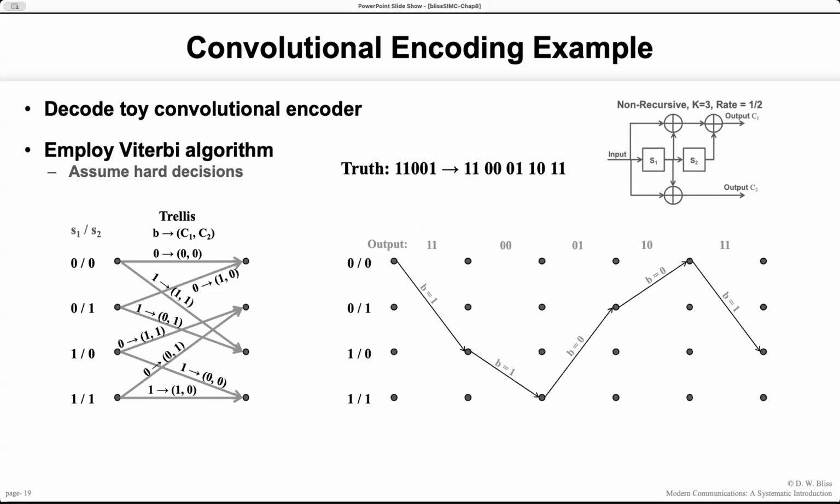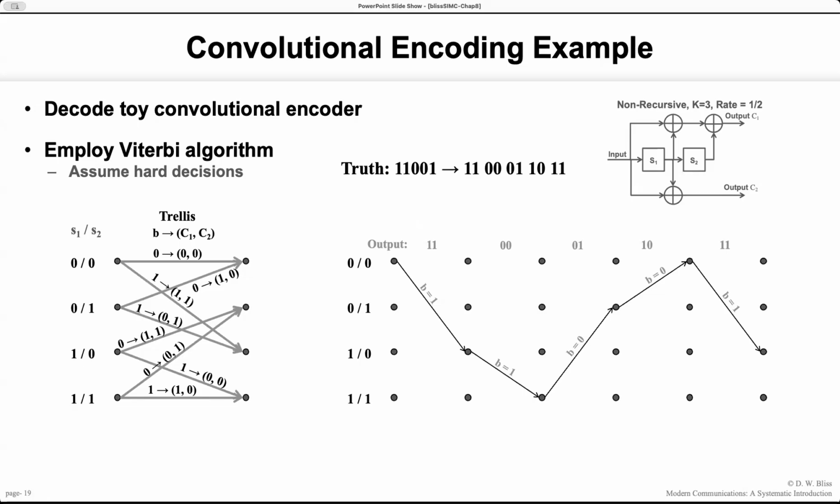In general, we have to assume that there are some errors in what it saw. That is, instead of getting the output sequence of 1, 1, 0, 0, 0, 1, 1, 0, 1, 1, some of those bits might have been flipped. And the error correcting code's job is to provide a structure and an approach for fixing those errors.